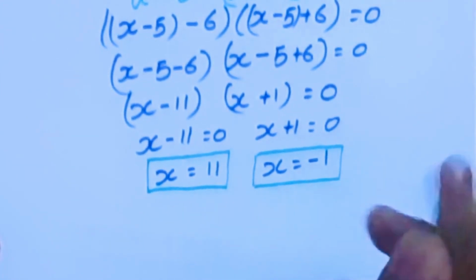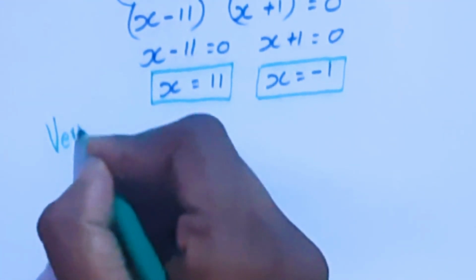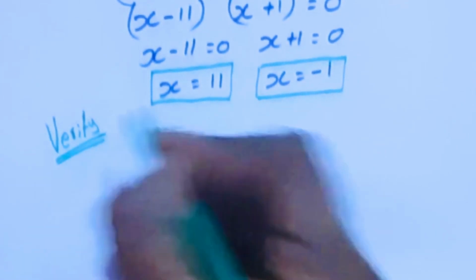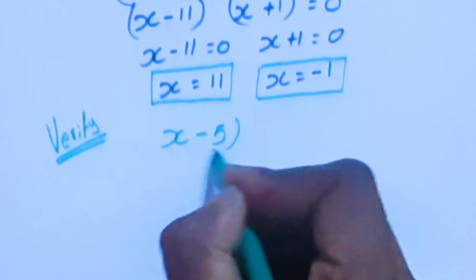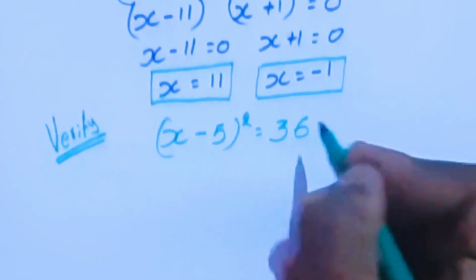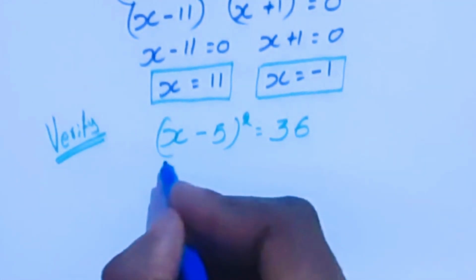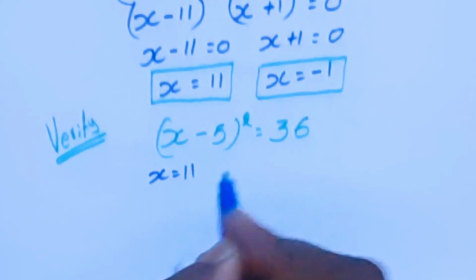Now we are going to verify this answer with the equation that (x minus 5) whole square equal to 36. Applying x equal to 11 here.